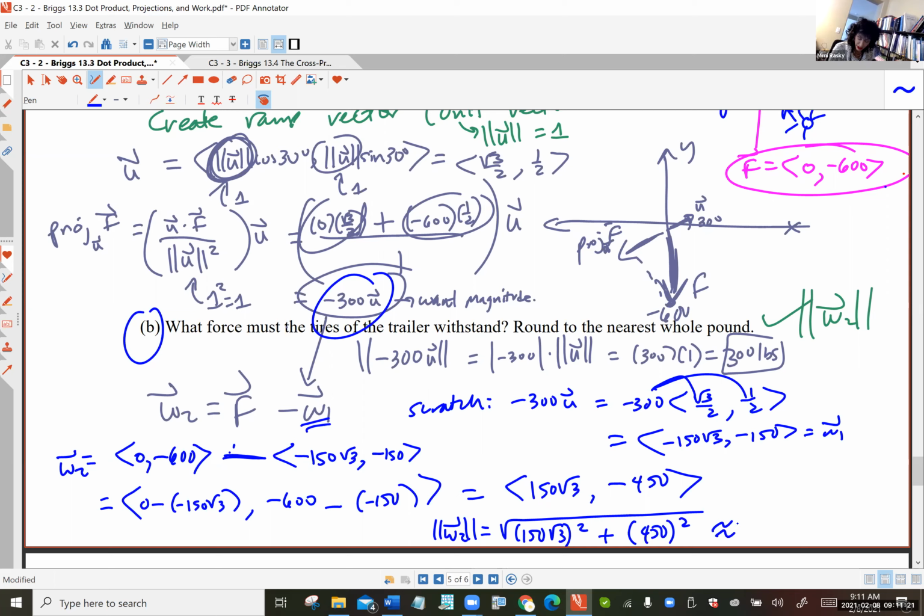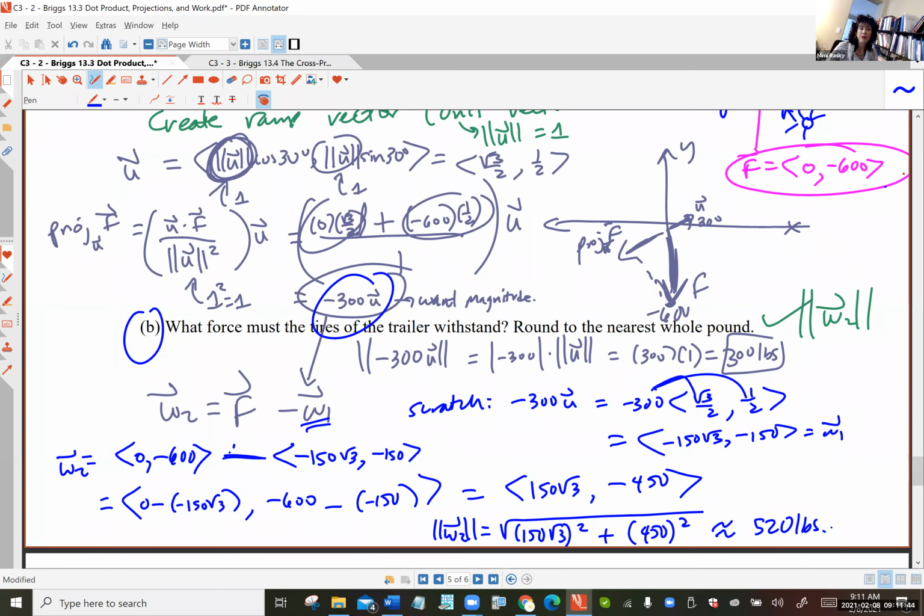And I'm going to round to the nearest whole pound, because it's about 520 pounds. So the tires are pushing down perpendicularly into the driveway or the ramp with 520 pounds of force. Okay, and that's another nice application for dot product.